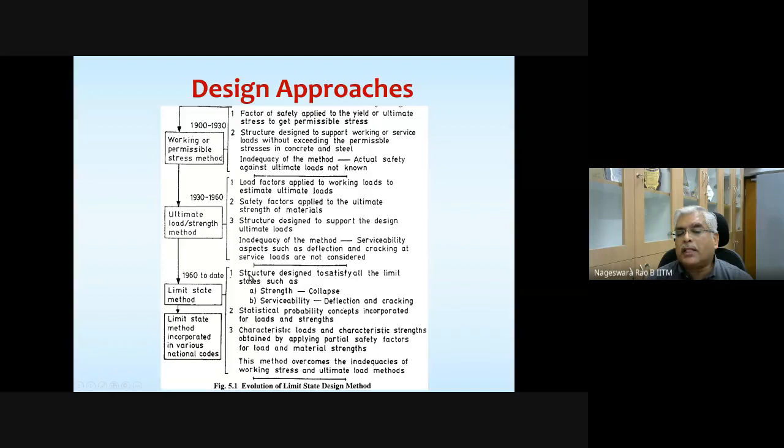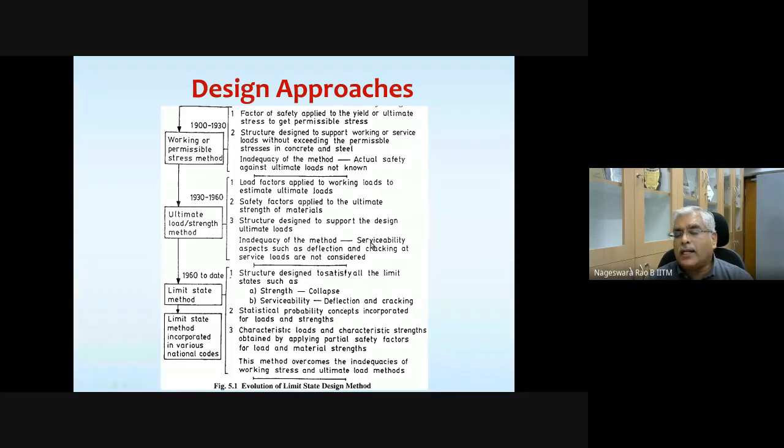In limit state method, structure is designed to satisfy all limit states, such as limit state of strength, a limit state corresponding to strength. Strength limit state is nothing but you are making sure the collapse is not going to happen. Okay. Limit state of strength and limit state of serviceability.